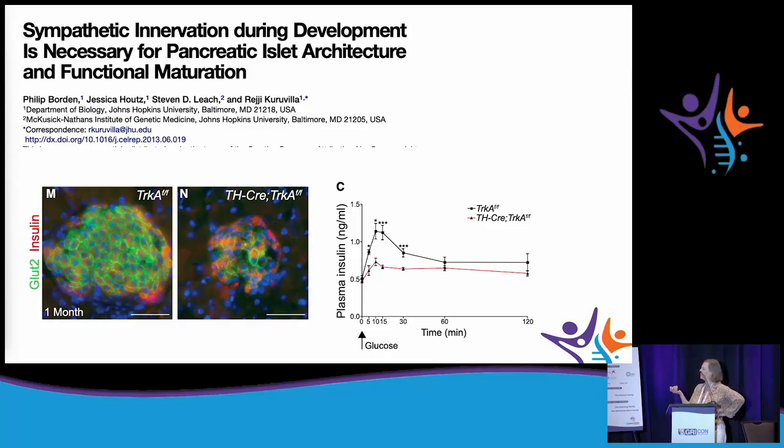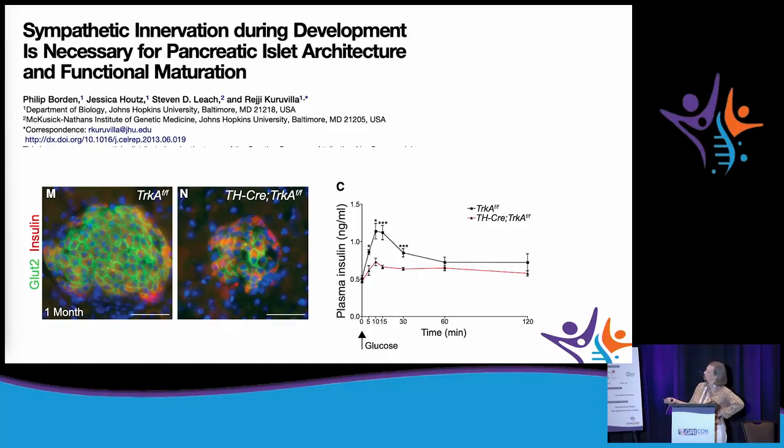Interestingly, I found this paper looking for things that can cause pancreatic islet cell developmental problems. And what they found in this paper here is that if you remove the norepinephrine that is landing on these islet cells during development, then you get these smaller islets and also some disorganization of the islets as well.